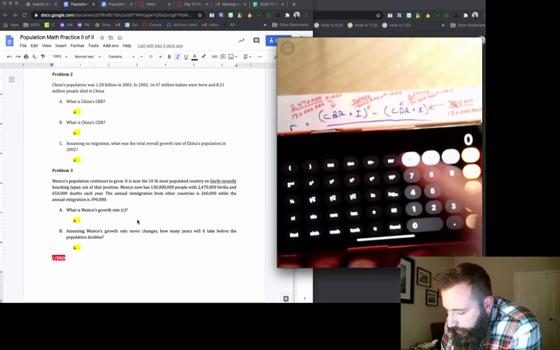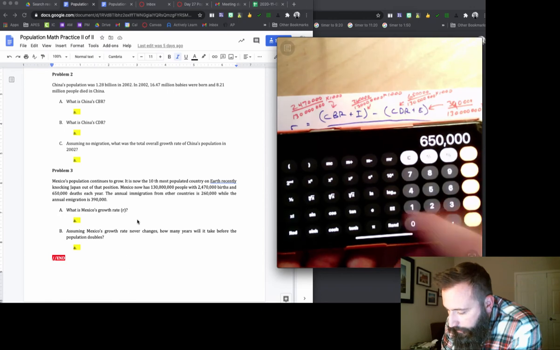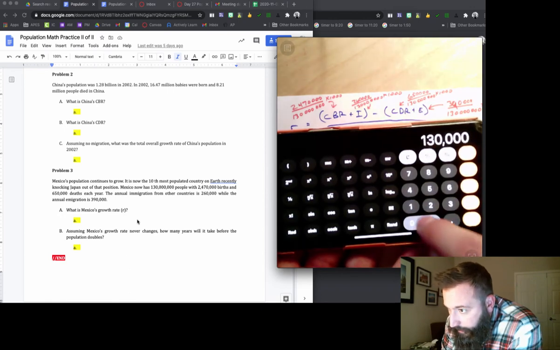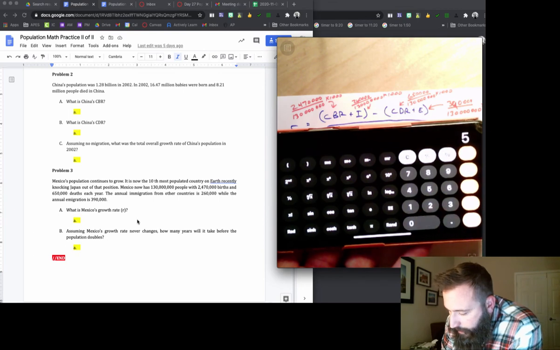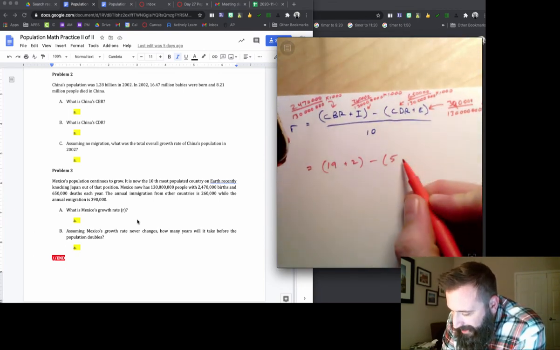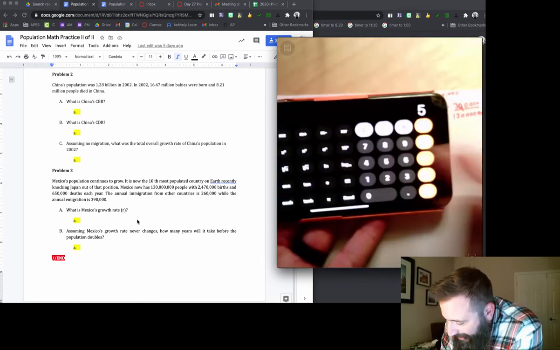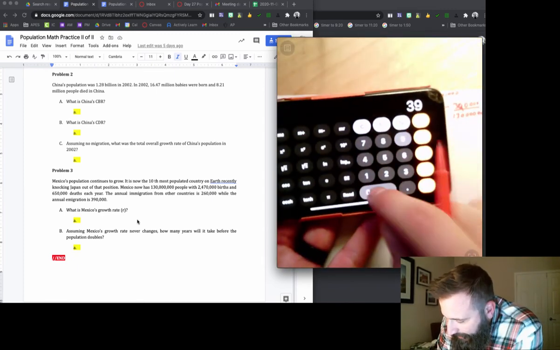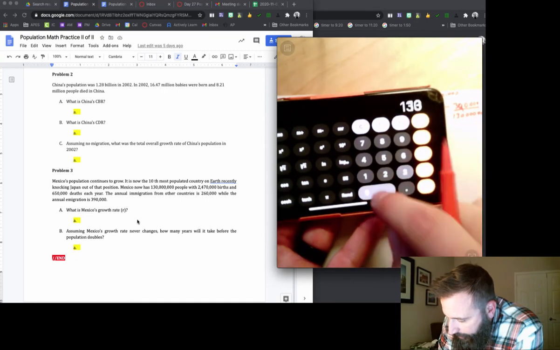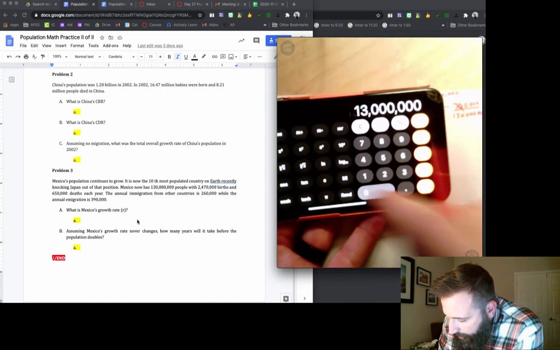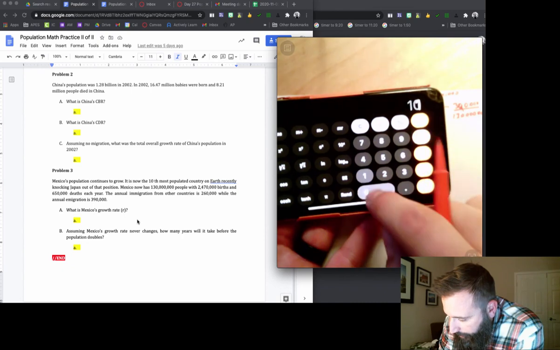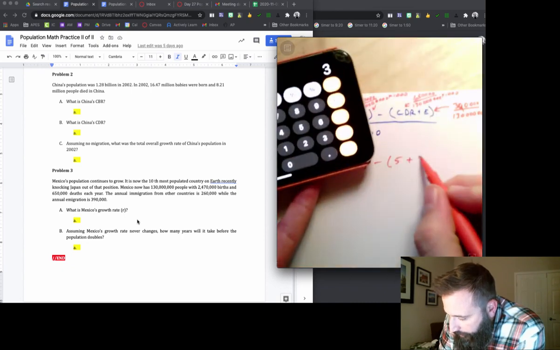650,000 divided by the total population size. And multiply that by 1,000, you get yourself 5. That's the death rate, CDR, oh my gosh. Take a look at this. Got 390,000 divided by that, and boom, multiply that by 1,000 to get yourself 3.